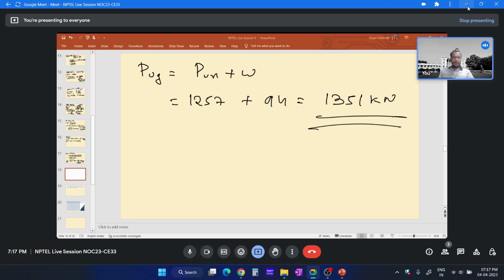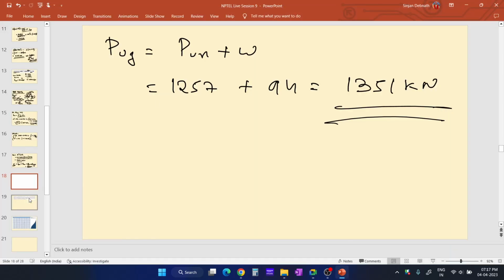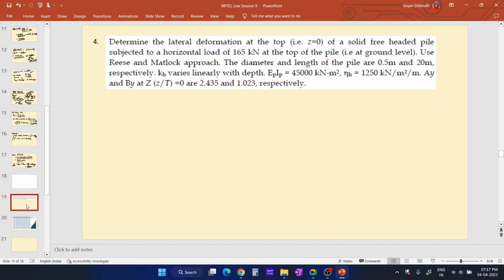So I hope you have all understood this problem. Let me now proceed to the next one. This is the fourth problem. Let me first read out the problem.